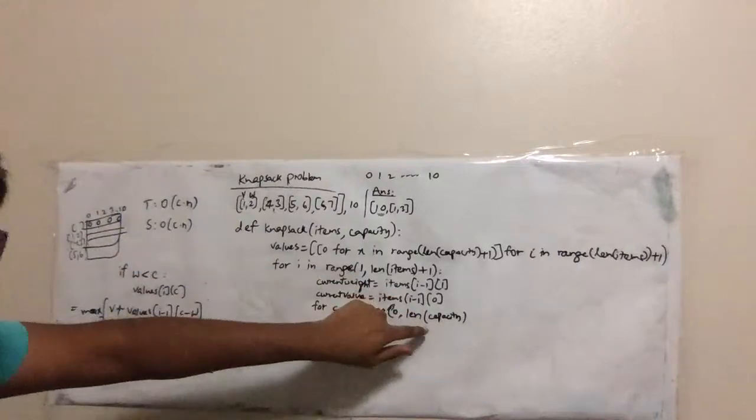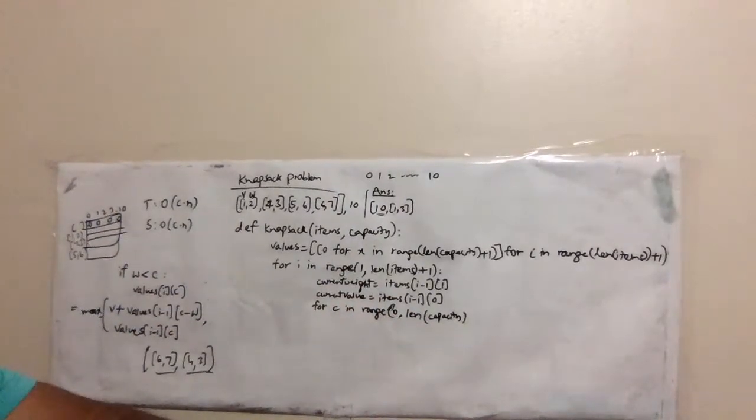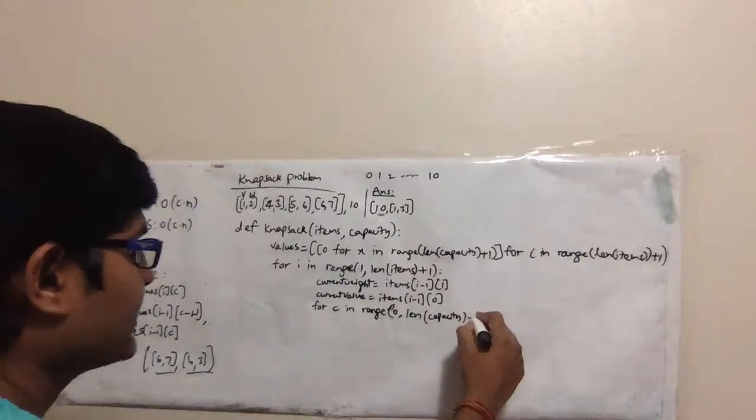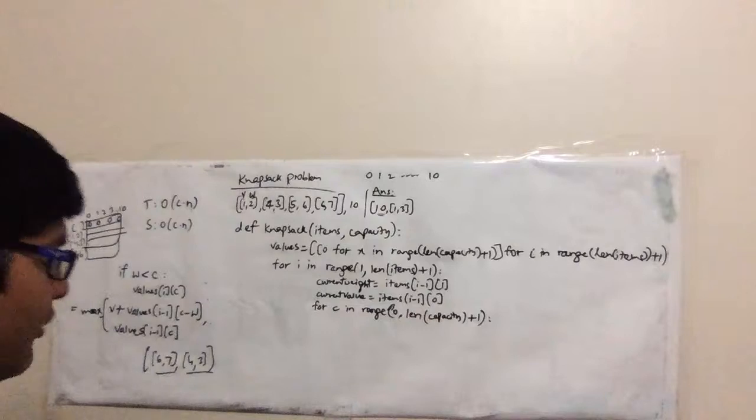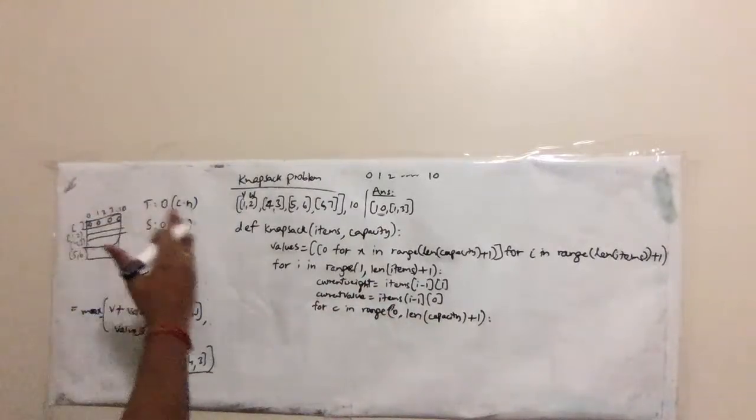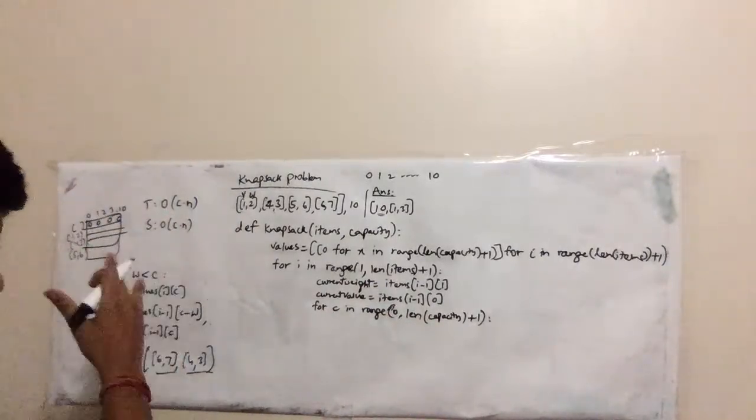So we need to add plus 1 here to go to 10. Otherwise it would stop at 9. Okay, so we have iterated the vertical portion of the columns.